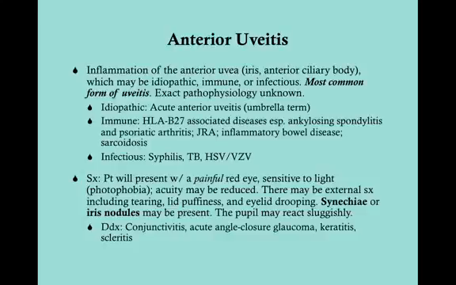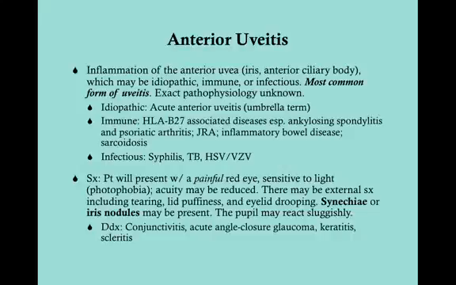And that is going to be in contrast to something like conjunctivitis, where you have a red eye, but it's more irritated, not so much painful. The acuity of the eye can be reduced, but it's not drastic. There can be external symptoms as well, like tearing, lid puffiness, and eyelid drooping.